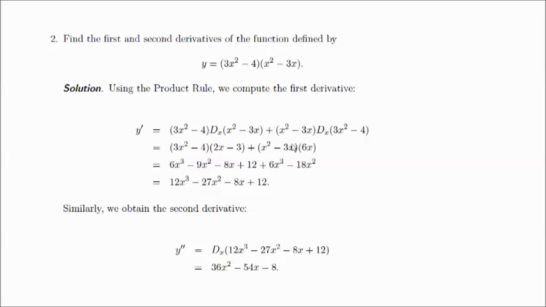Paano po nakuha yung 18? Where's the 18? Ito, negative 3x times 6x. So negative 18x squared. Ayan, distribute. So this is the final answer, class.